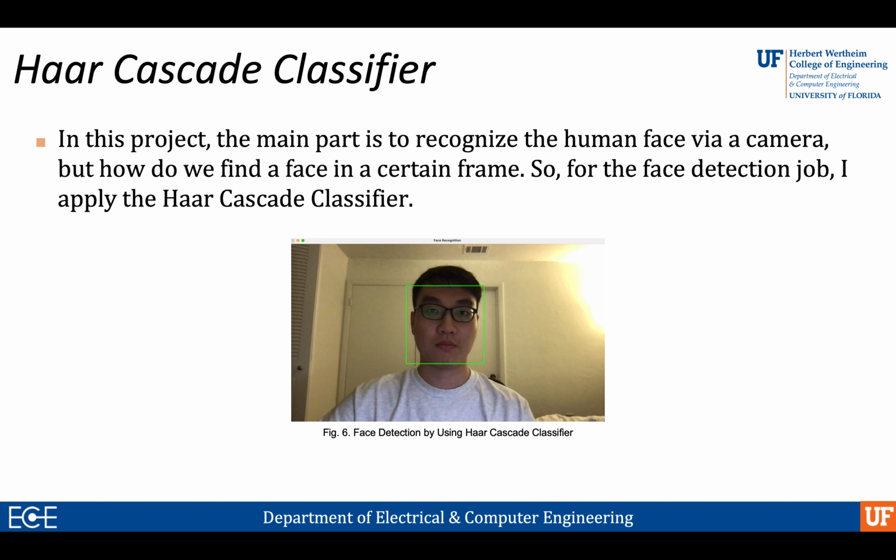Then we use AdaBoost to train and classify the human faces. So finally, we cascade classifiers from different stages. Here is a sample of the face detection by using the Haar cascade classifier.